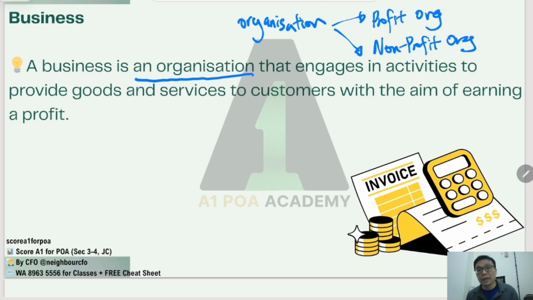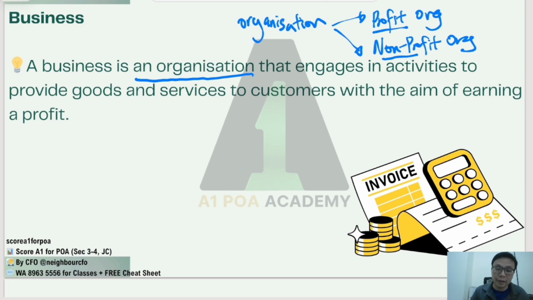The non-profit organization, the name itself would tell you that these are organizations that exist for the purpose of fulfilling other missions or other objectives, right? Their primary purpose is not about generating profit. Whereas over here, in our context, a business refers to a profit organization.